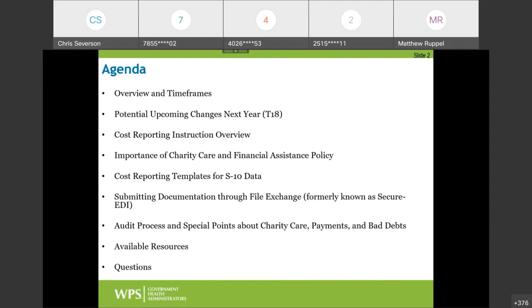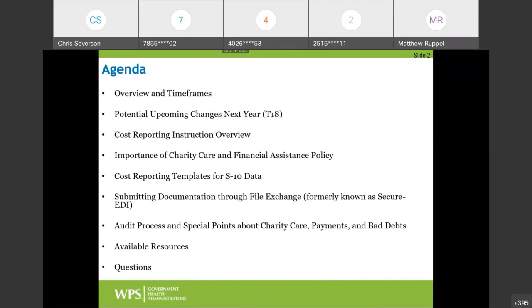So we'll go through a quick overview and time frames, some upcoming, really not a discussion of the changes, but just information on potential changes for next year to the cost reporting templates and instructions. We'll go through the cost reporting instructions themselves, talk about the charity care policy. As I said, we'll spend time with the templates. We will talk a little bit about the portal, the secure portal that's used.